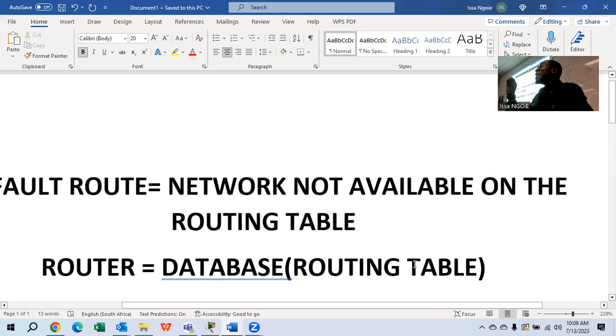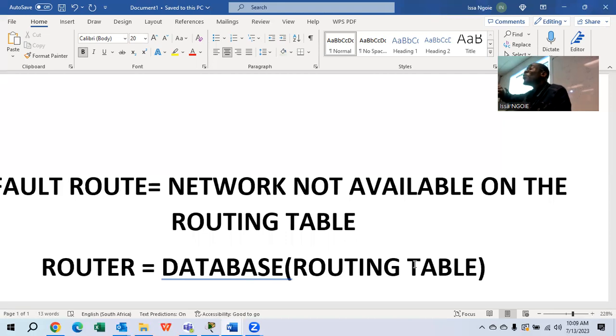So when the router doesn't know how to reach a particular network, your router will use what? A default route, right? So every time when a router doesn't know how to reach like a single network, your router will use what we call a default route.